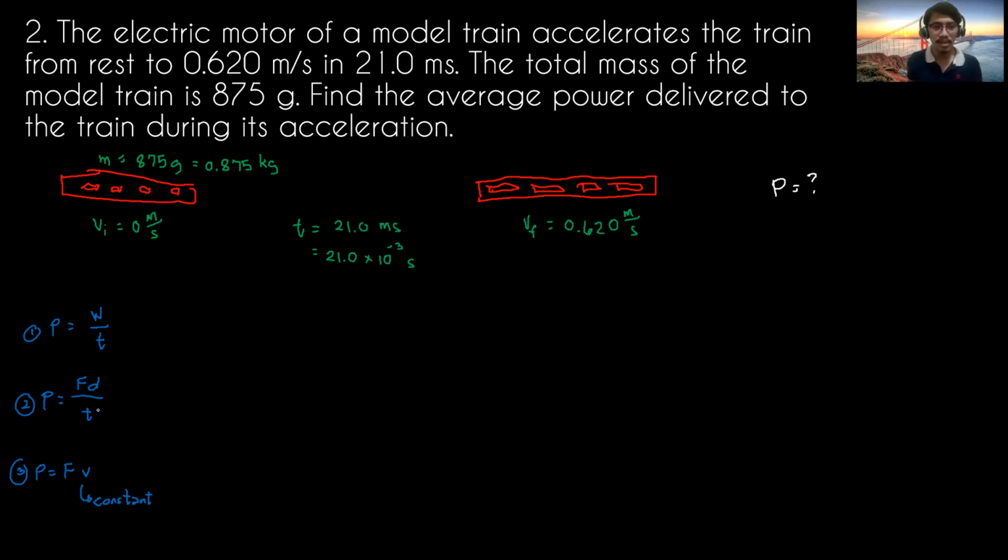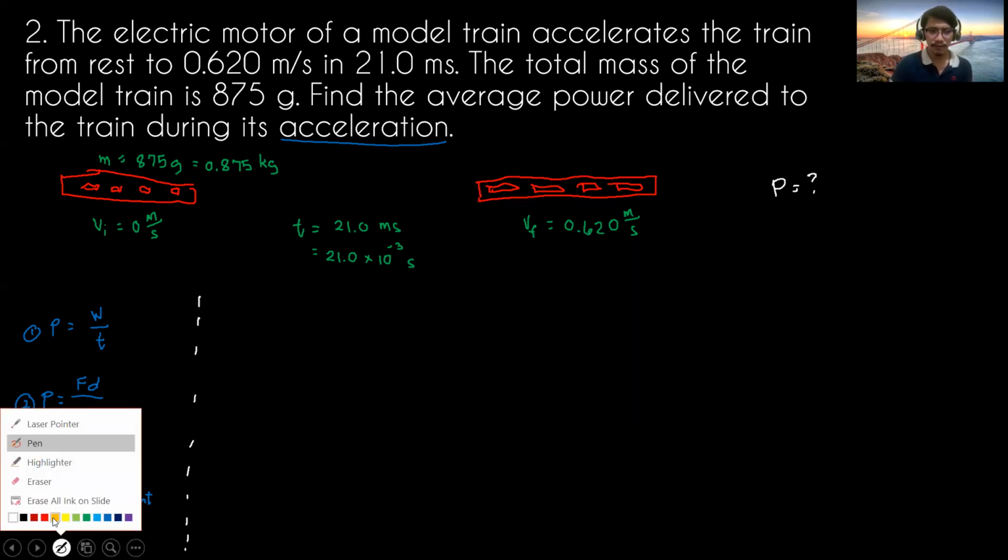In this case, we cannot use the third equation because the model train is accelerating. So what will we use here? Let's go back to everything we have studied. Can we use work? What are the formulas for work? Force and displacement. We cannot use that because there is no displacement in our given. There is no force in our given. How about the other equations for work?